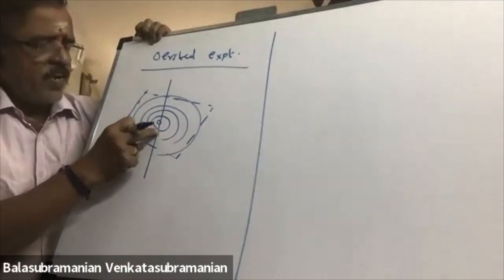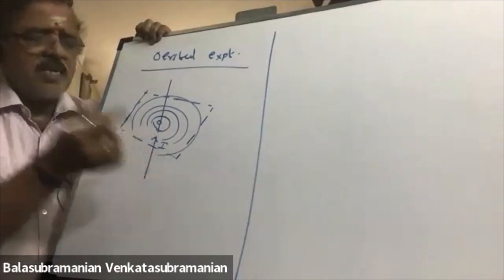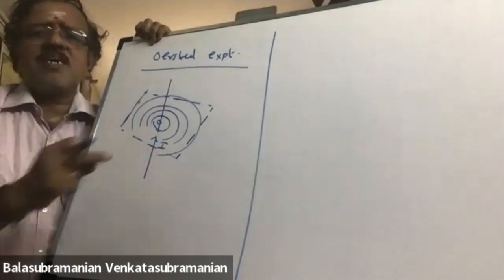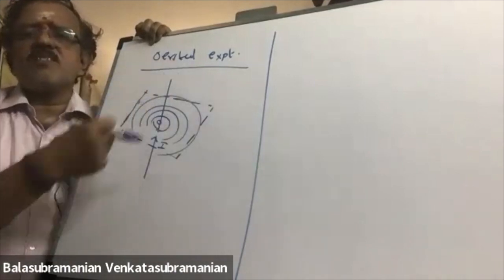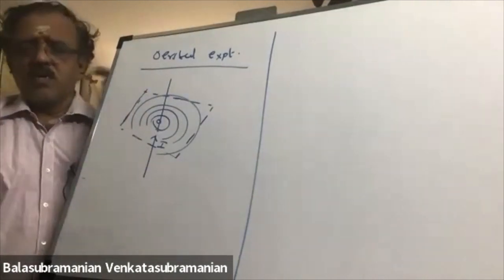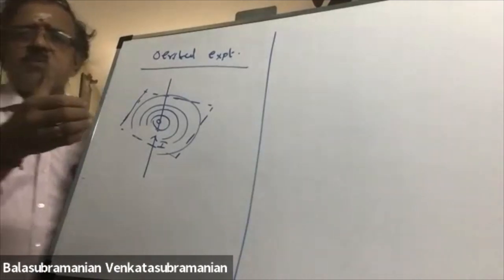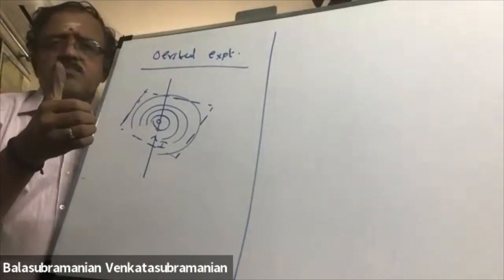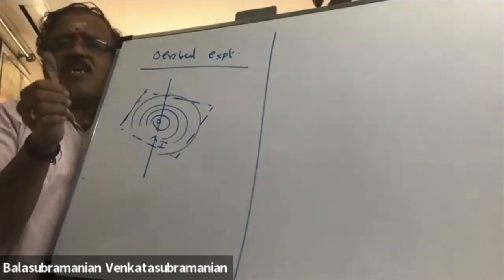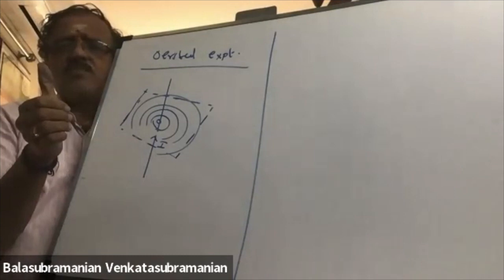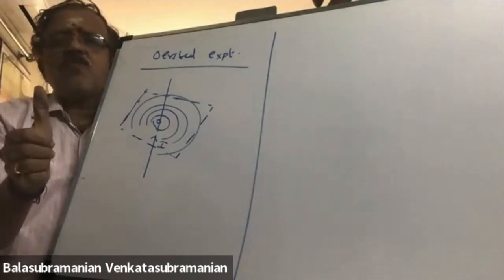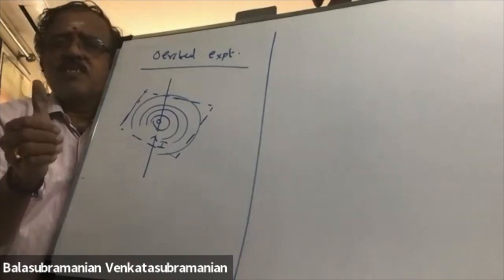Once you observe a magnetic field, the next question is which is north, which is south, whether it flows clockwise or anti-clockwise. Simple. For that, you can take the right hand thumb rule. Extend the right thumb. The direction of the thumb will be the direction of current.